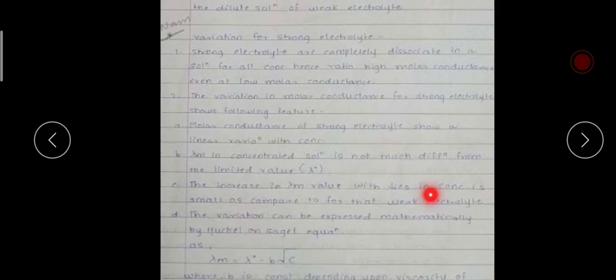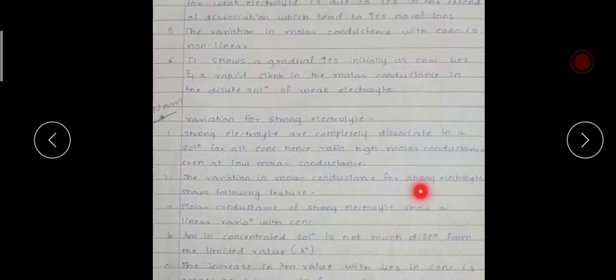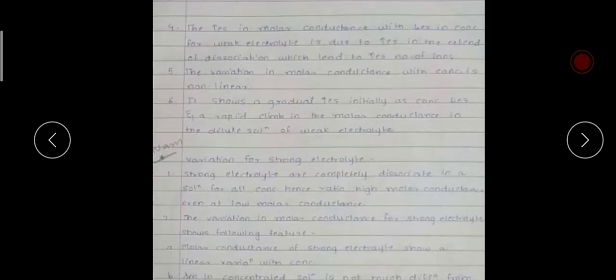You can see that. Then we have seen the increase in the molar conductance with decrease in the concentration for the weak electrolyte is due to increase in the extent of dissociation, which leads to an increase in the number of ions.